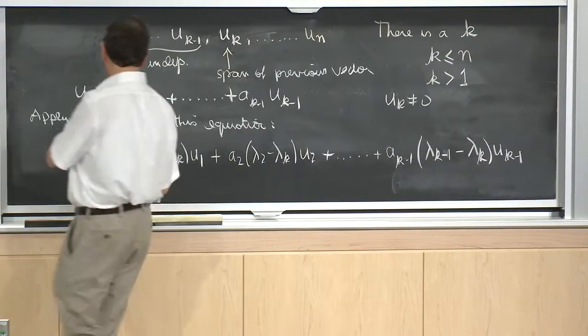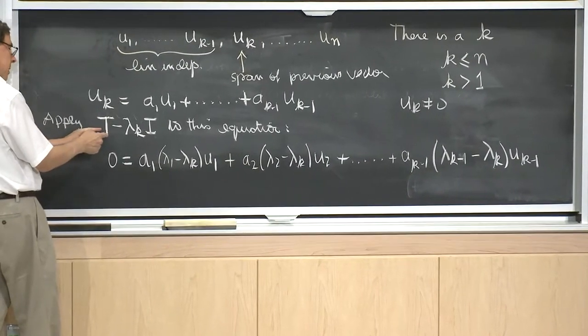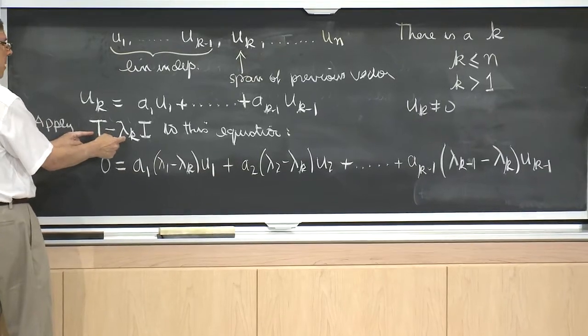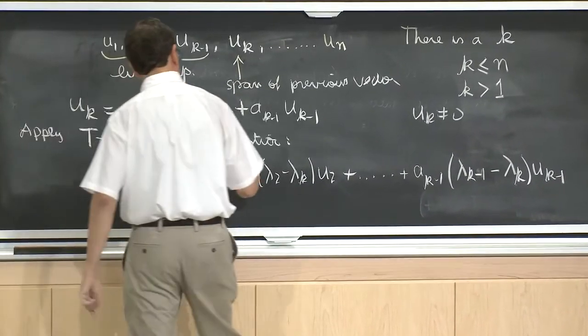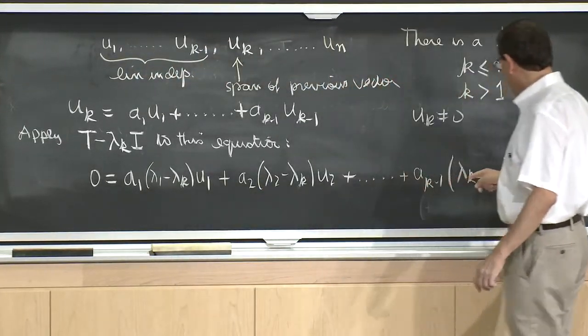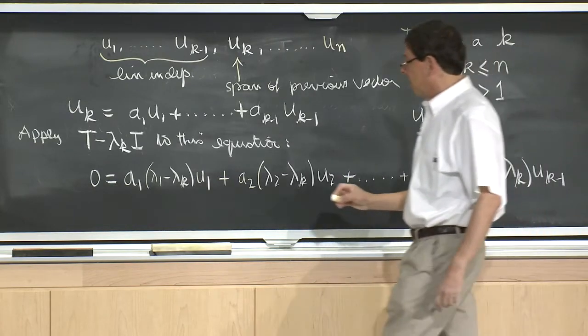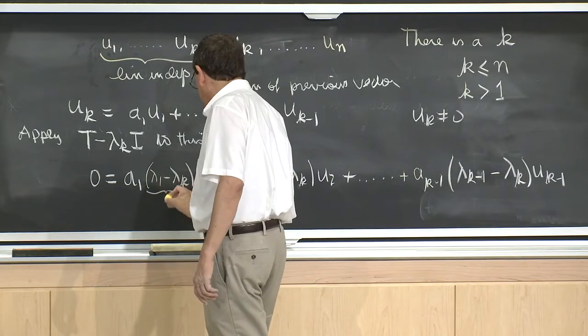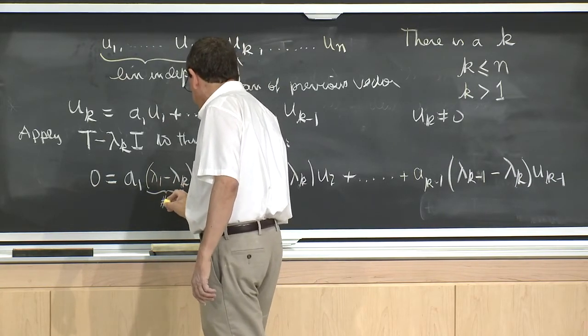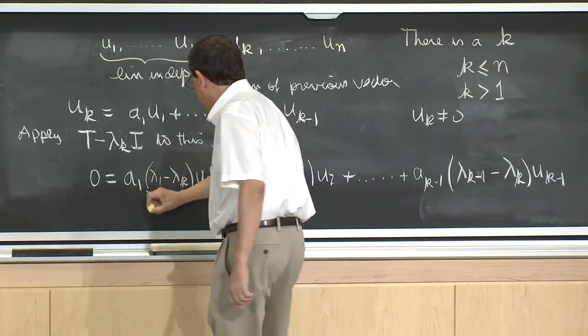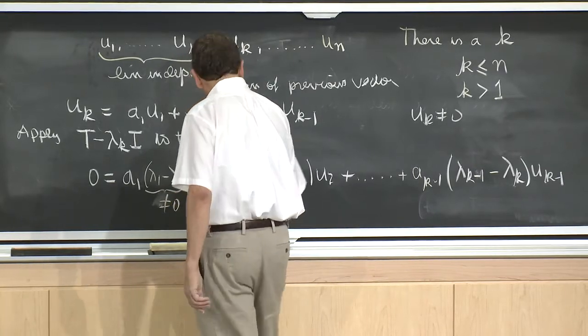For each one, we get the corresponding lambda minus lambda k. So lambda 1 minus lambda k, lambda 2 minus lambda k, and finally lambda k minus 1 minus lambda k. And all these numbers are different from 0, are not equal 0.